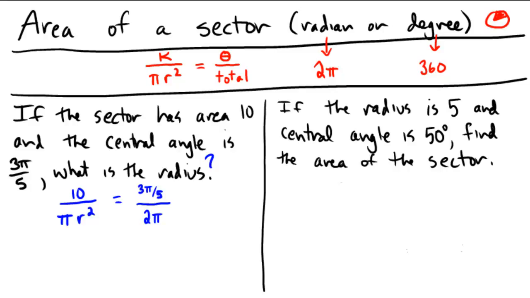So cross multiplication: 10 times 2 pi means 20 pi equals, multiplying the other way across, 3 pi squared over 5 times r squared. So 20 pi equals 3 pi squared over 5 r squared.